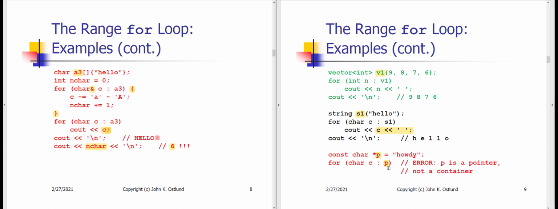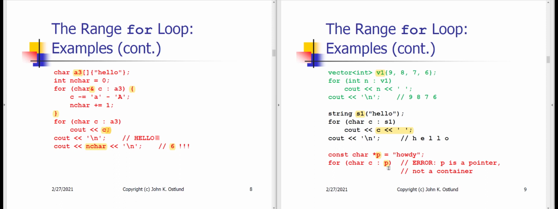Consequently, if you have an array declared in your main function and you pass the name of that array as an argument to some other function, let's say it's called ABC, then in that function, if you attempt to use a range for loop to step through the array, the compiler no longer remembers that that pointer really is pointing into an array, and what size that thing is.